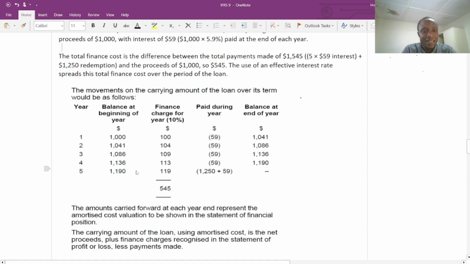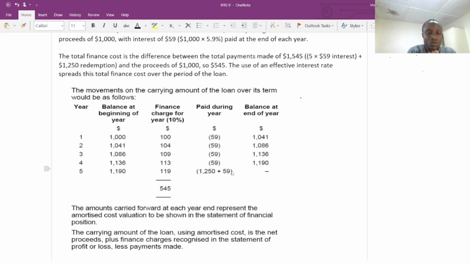At the end, which is year five, we are going to pay the nominal value and the premium of 250 plus the interest. So at the end of year five, there will be no liability. We are going to debit liability and credit bank. That's the final accounting treatment to de-recognize, to remove the liability from our financial statement.